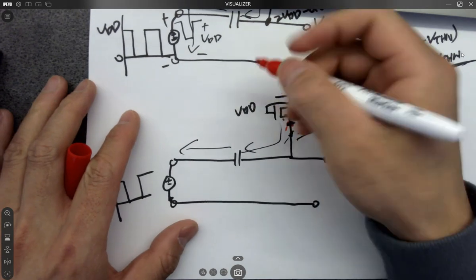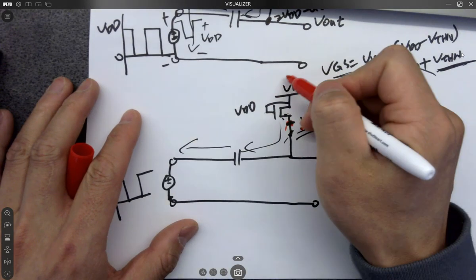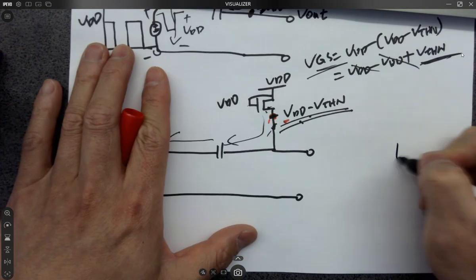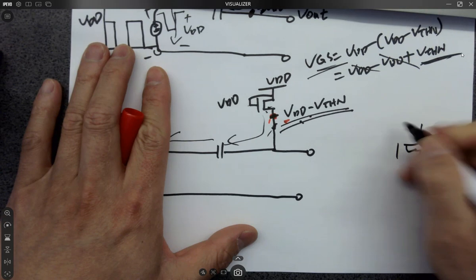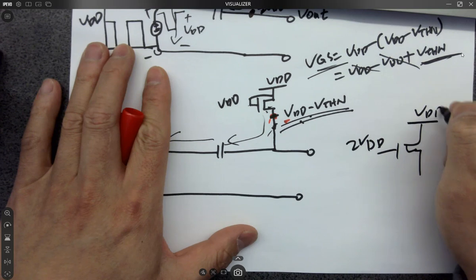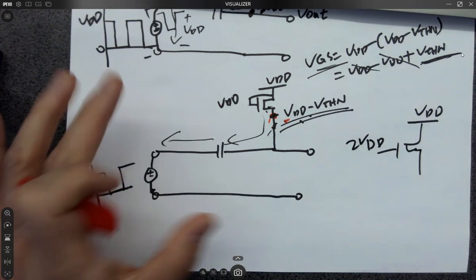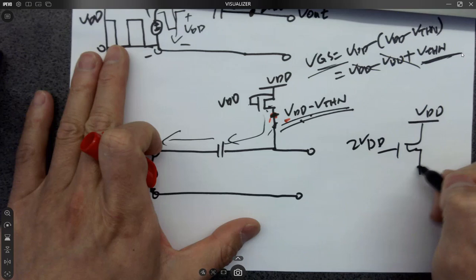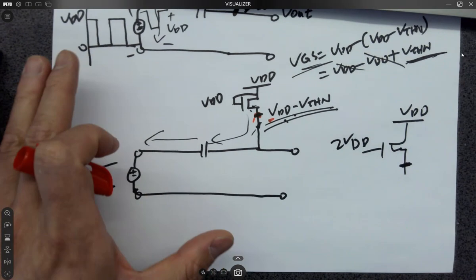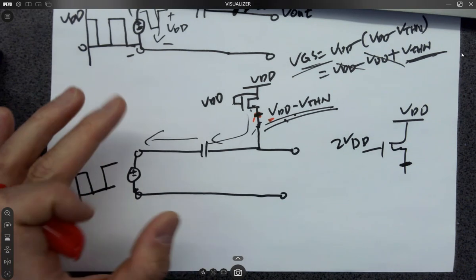I'm telling you that I can have my VDD higher, for example, like this. I'll let you see that circuit later, but now I'm adding a 2 VDD to the gate and 1 VDD to the drain. What is the maximum voltage you can see at the source? Are you still losing VTHN or no?